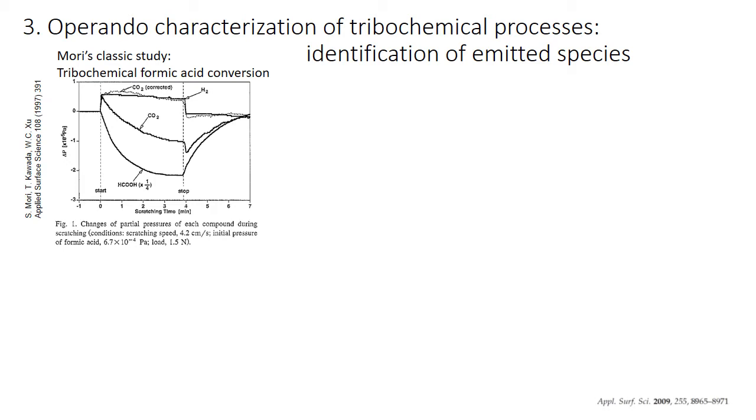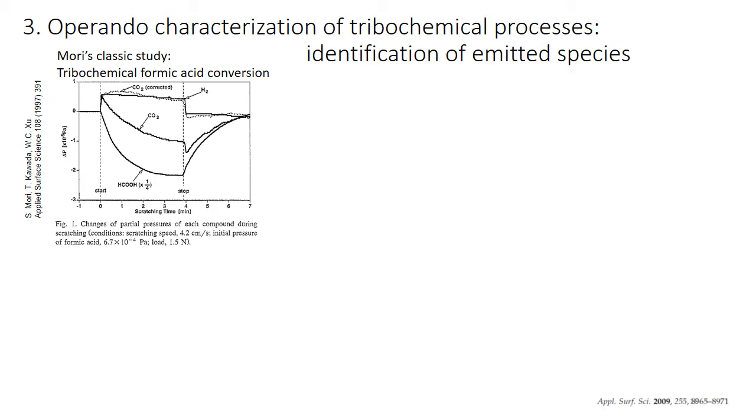He used formic acid vapors introduced into the vacuum system, and when the rotation of the table started, the friction started, so the pressure of the formic acid decreased, and synchronously the pressure of CO2, which is the product of this reaction, increased.